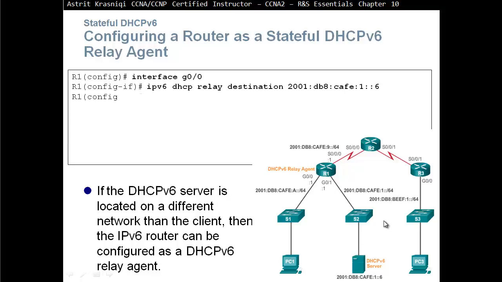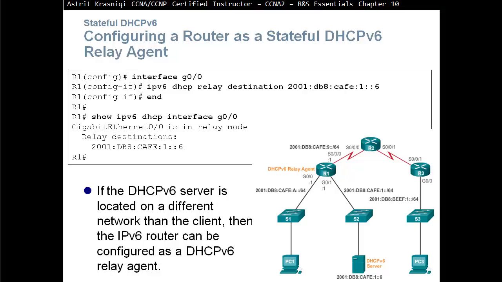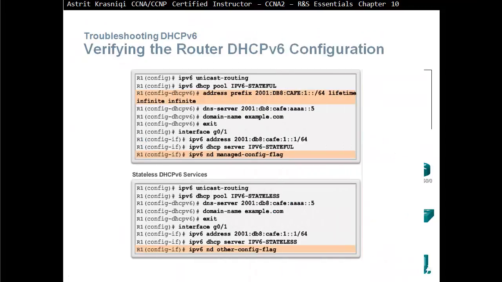So we go to the interface where we hear the solicit message and type the command IPv6 DHCP relay destination, and then the address of the DHCPv6 server. With show IPv6 DHCP interface G0/0, we can see the relay destination where we can relay these messages.